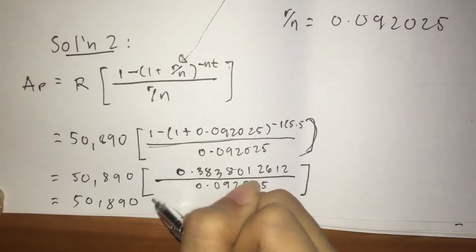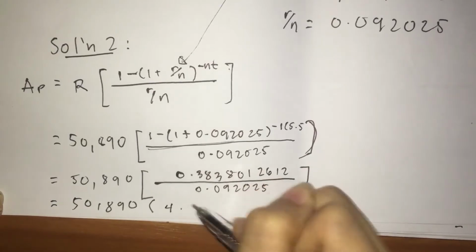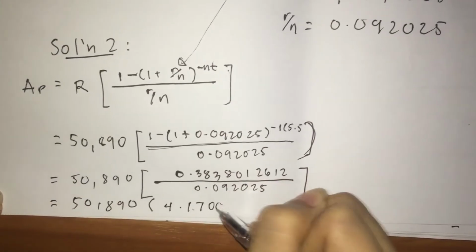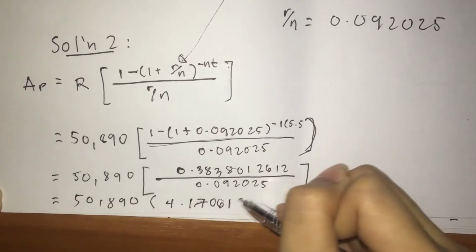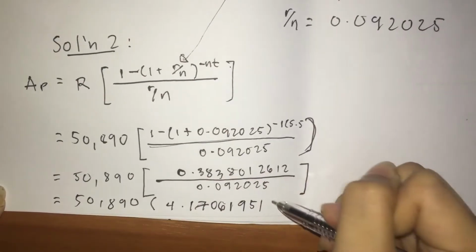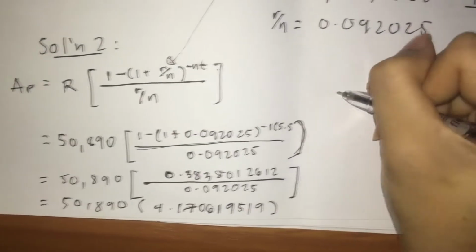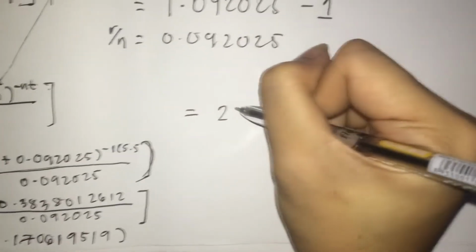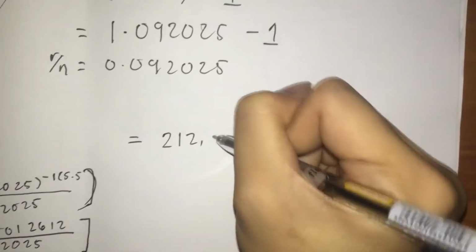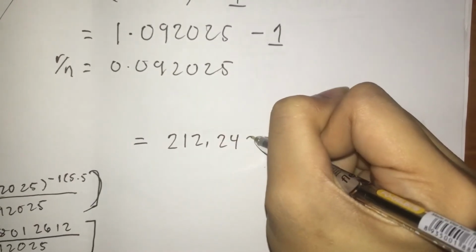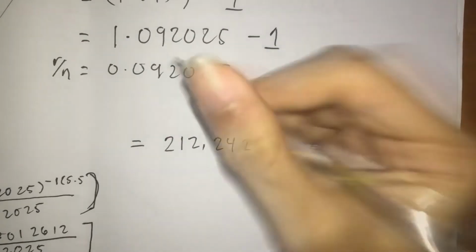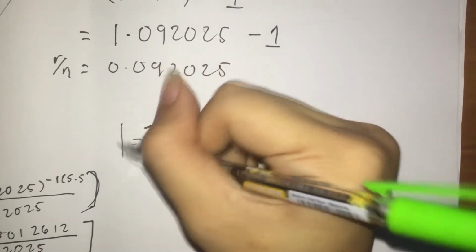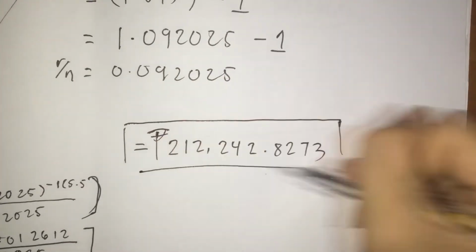So we will have the answer 4.170619519, and we need to multiply that by 50,890, and we will get the answer 212,242.8273, and that is our final answer for this example.